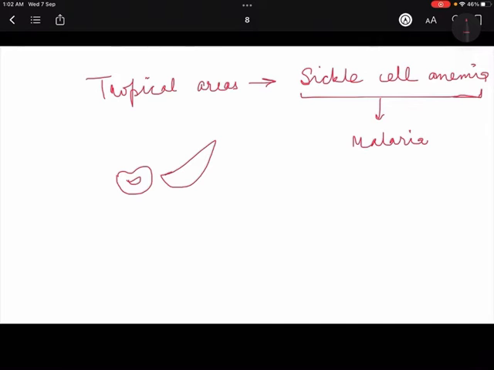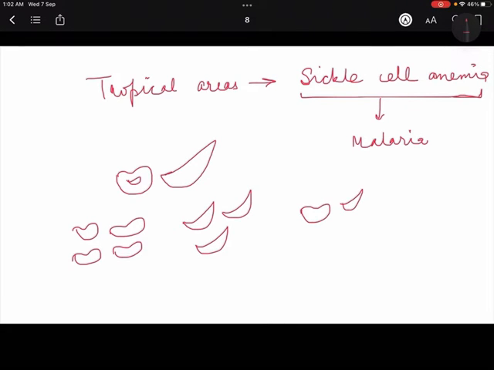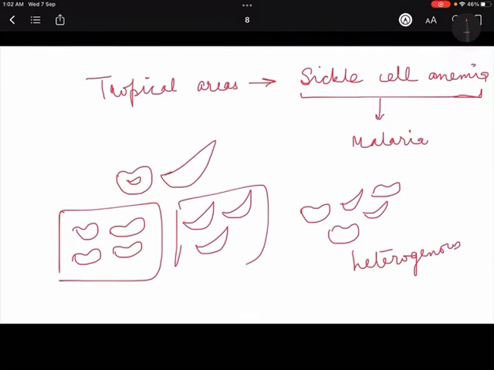So now a person who has heterogeneous genes, for example, who doesn't have purely normal RBCs or purely sickle cell RBCs, he has something more like this, which is more like heterogeneous RBCs, okay, which has the combination of both normal and sickle cell.